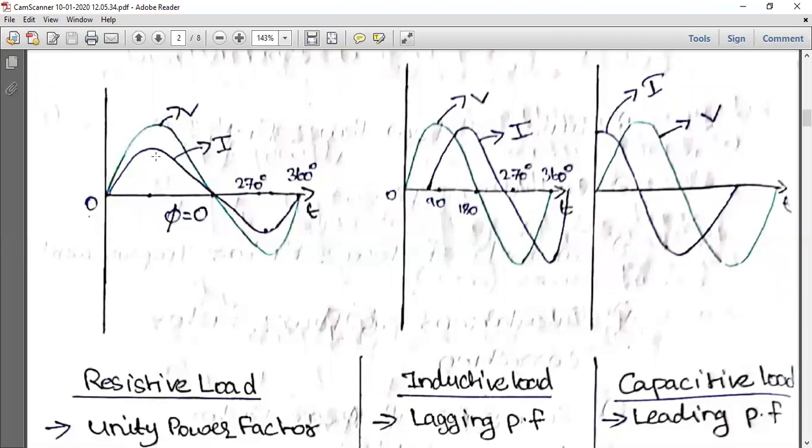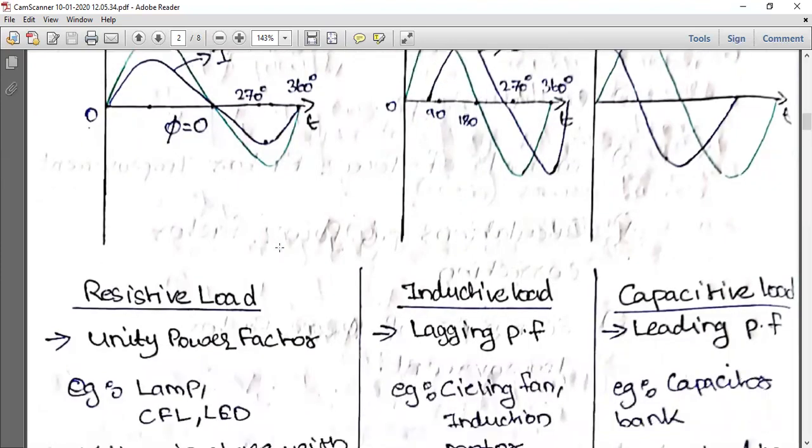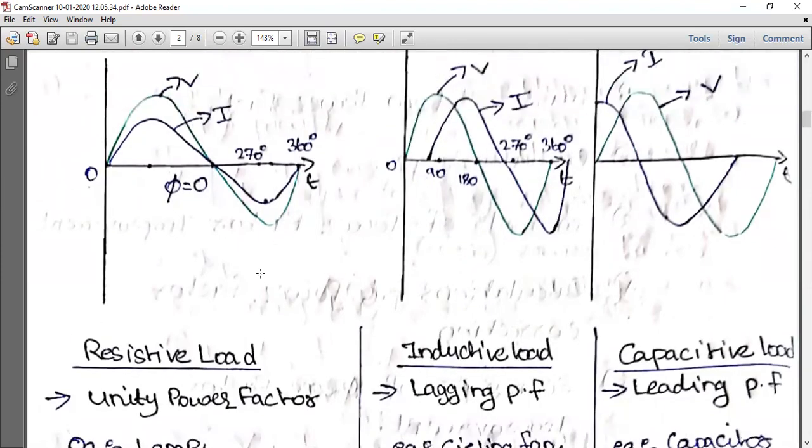But you can see that they achieve the maximum and minimum at the same phase, doing it all together. One is not ahead or behind. So here the phase difference is 0, and cos 0 is 1, so we can say that the power factor is unity here.